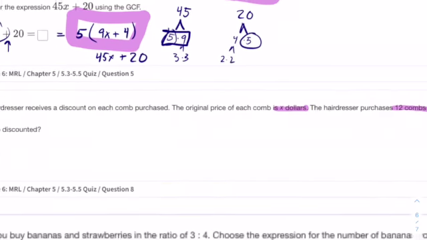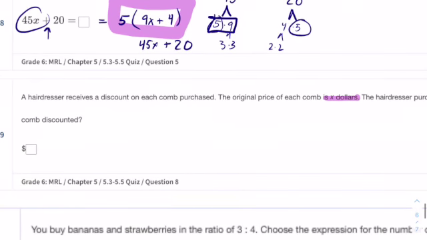So it tells me that she gets a discount right off the bat, and I know that that word is important. Anytime you have a word problem, you're going to try to go through it and pull out, what are the words that are important? So discount I know is important. It makes me think about subtraction, because discount would be the price going down, right?